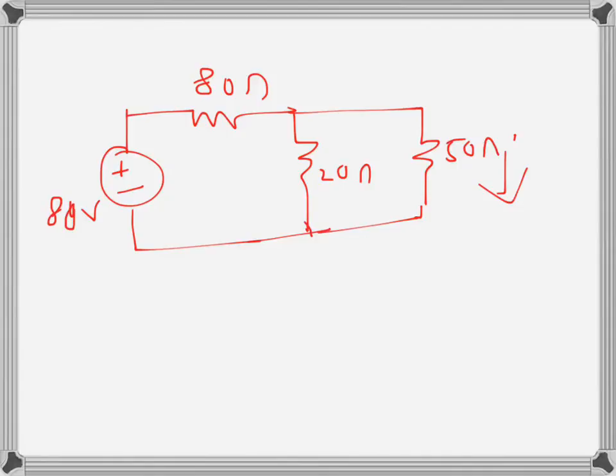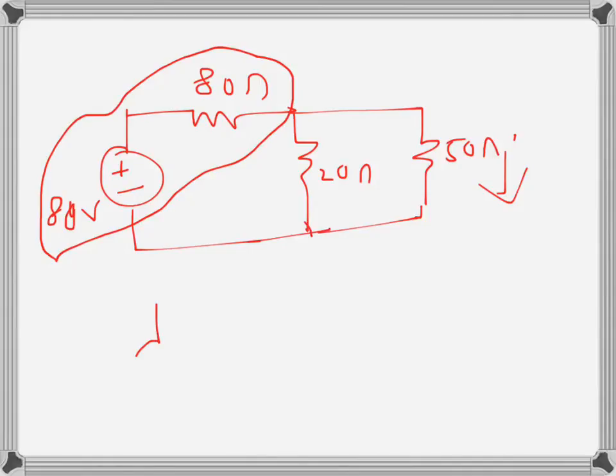Now again we have to use source transformation as much as possible. Here we can see that these two are a voltage source and a resistance in series, so I can convert it into a current source and a resistance in parallel.